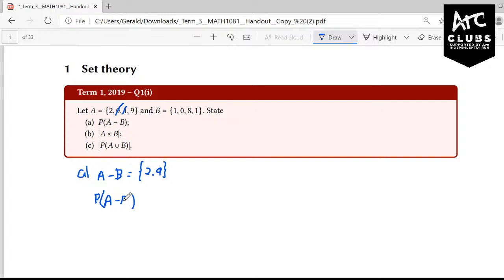A minus B. Well, one of the subsets of A minus B is the null set. Another set is just a set containing 2, right? So we just take elements one at a time. And again, with 9 as well.